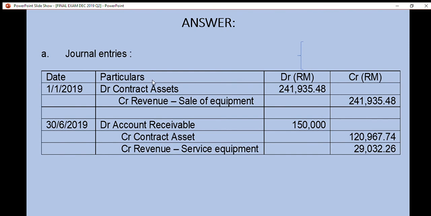Why do we need to debit contract asset instead of accounts receivable here?